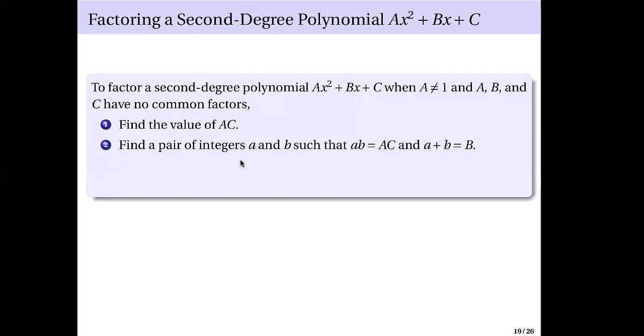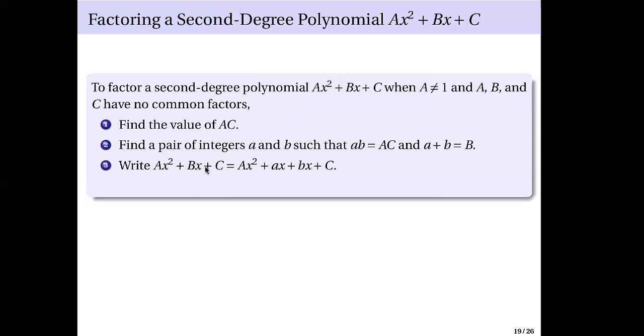Now, you need to find a pair of integers, small a and small b, such that the product small a times small b equals capital A times capital C, and such that small a plus small b equals capital B. Now, here's the additional step.